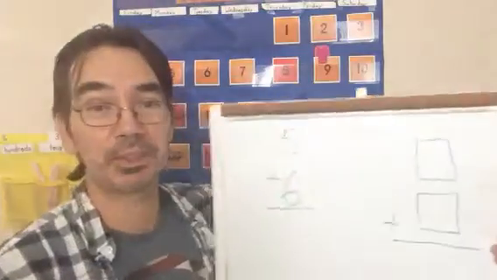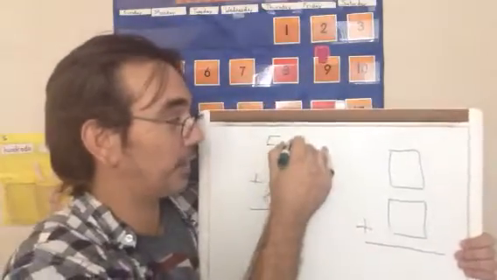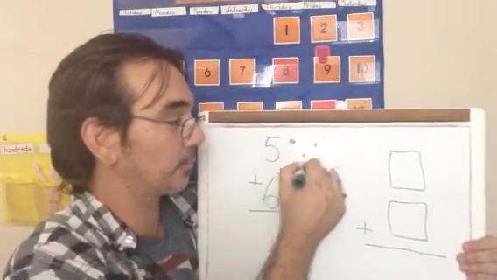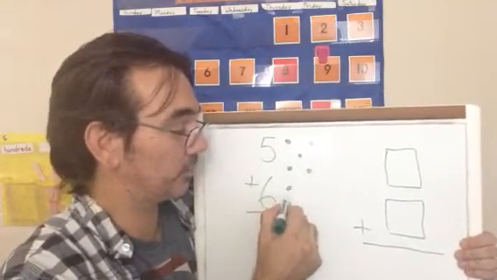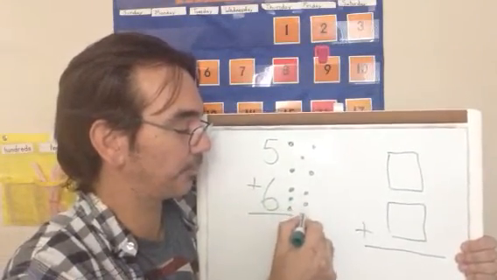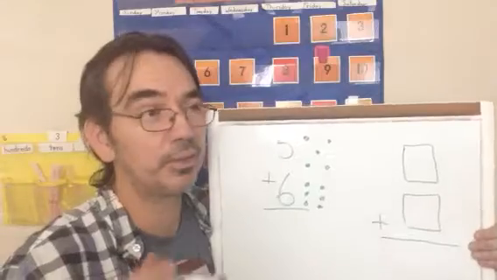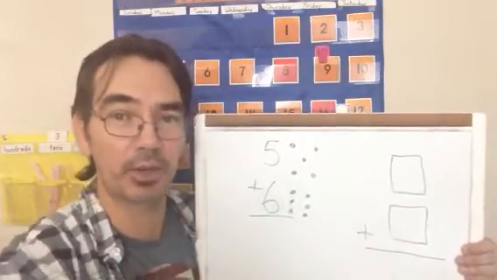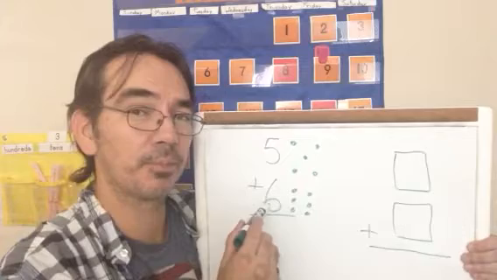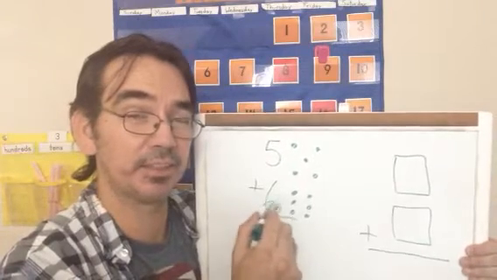So first, we're going to start off with my dots here. I'm going to put 5 dots. And then we're going to put 6 down here for the number 6. And in addition, what I like to do, makes it a little bit easier when I count on, is I'll start with the larger number. That is 6 here. The larger add-in is 6.